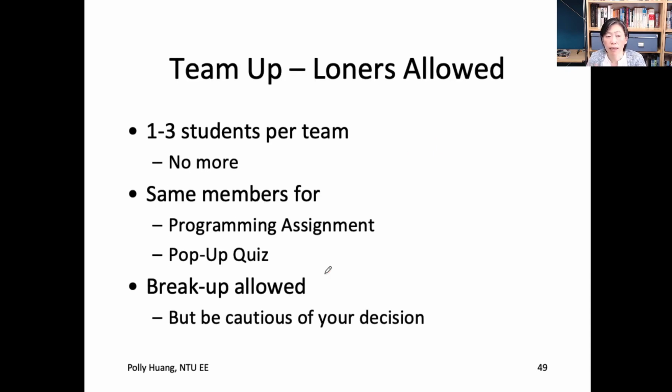As mentioned, loners allowed. So the team can be a 1-person team, 2-person team, but up to 3-person, not more, please. And the same members, you guys will be working with throughout the semester for the programming assignment as well as the pop-up quizzes.